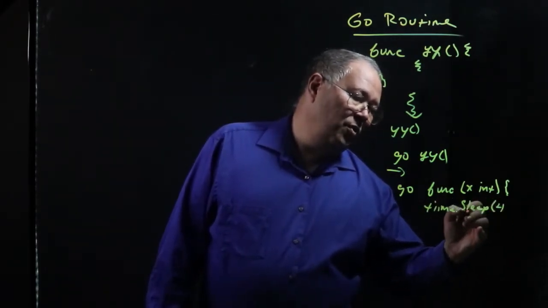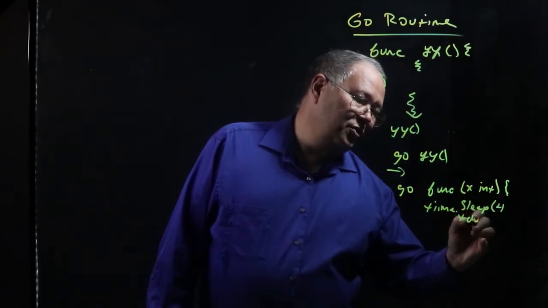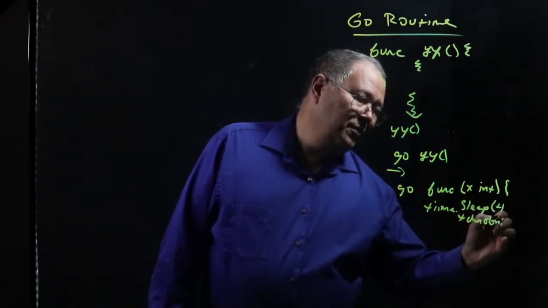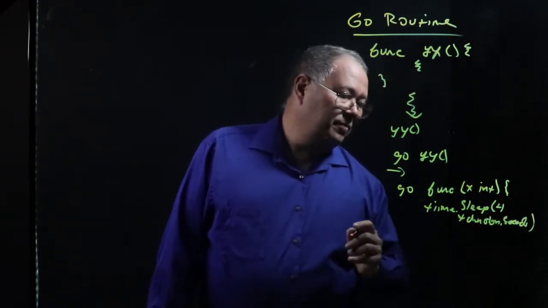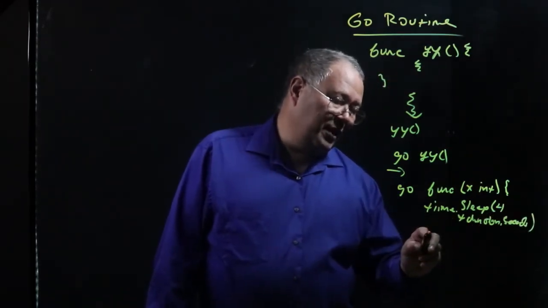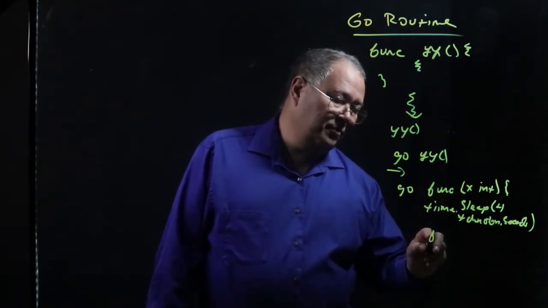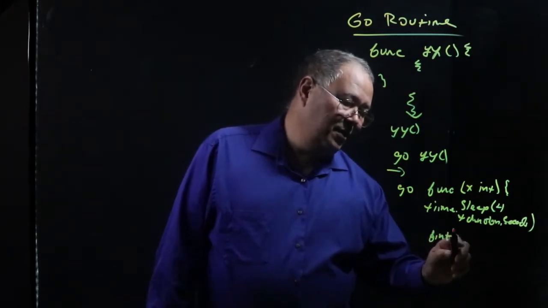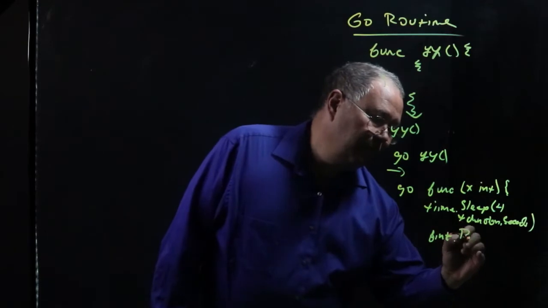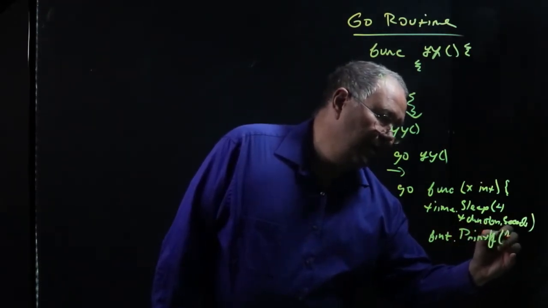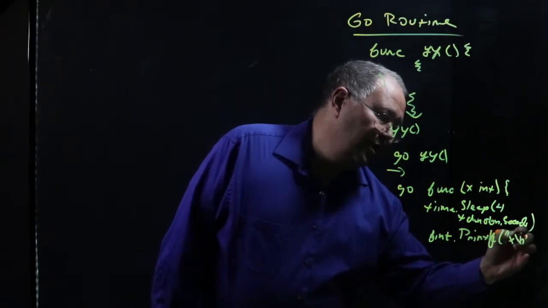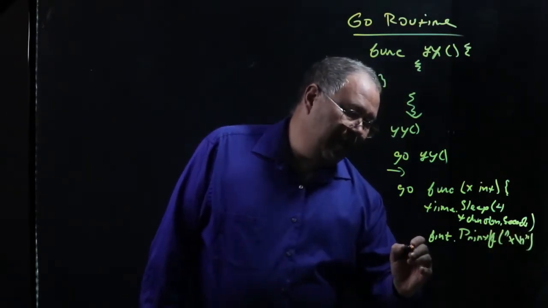And we'll give it 4 times time.Second, so it sleeps for 4 seconds. It then does a printout, fmt.Printf, and we'll just have it print x\n. And that's the end of the Go routine.